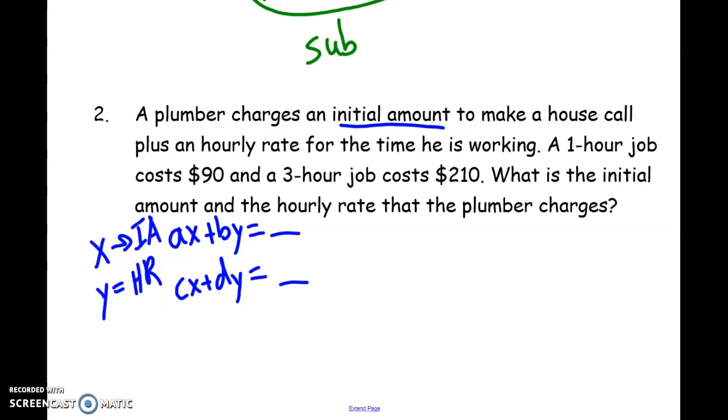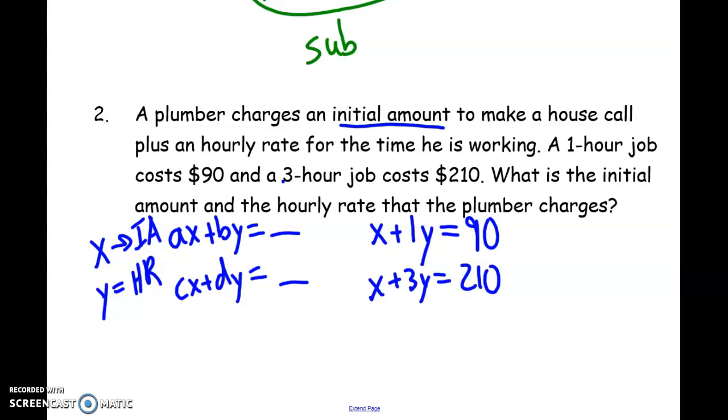So X is going to have a coefficient of 1, plus, for a job that was 1 hour, 1Y, that cost $90. The 3-hour job, so that's plus 3Y, cost $210.